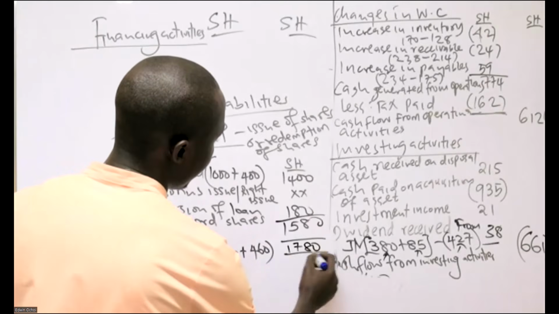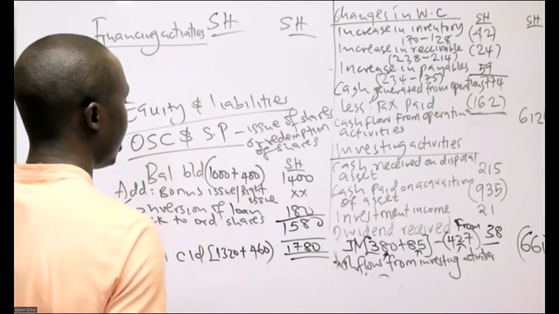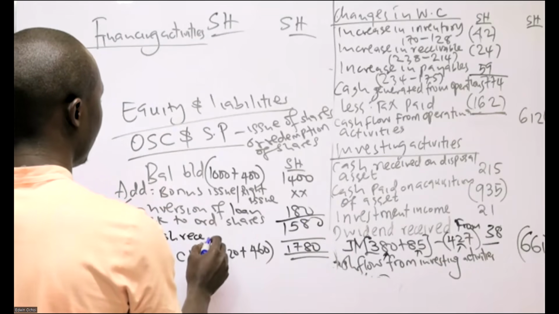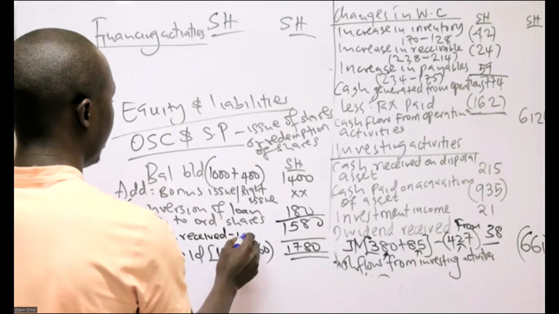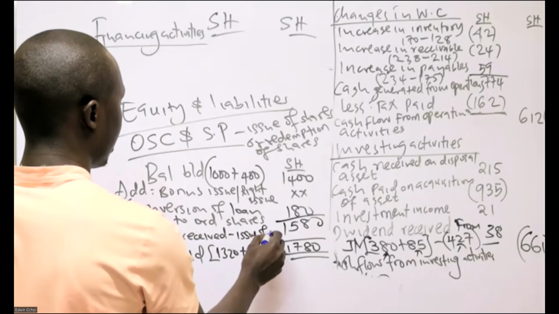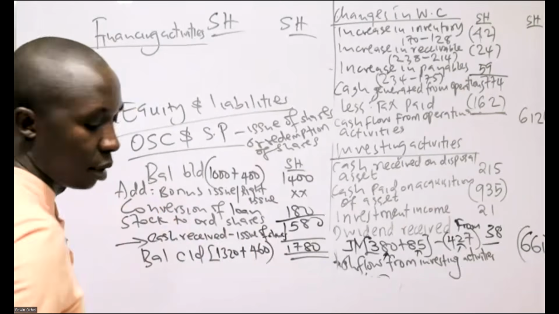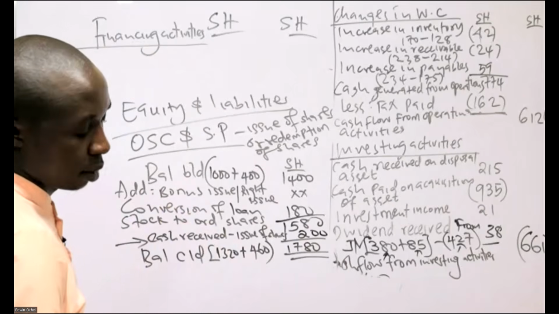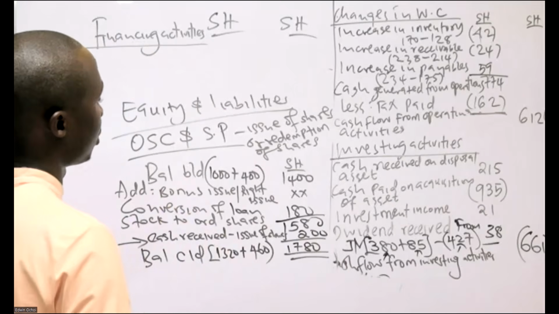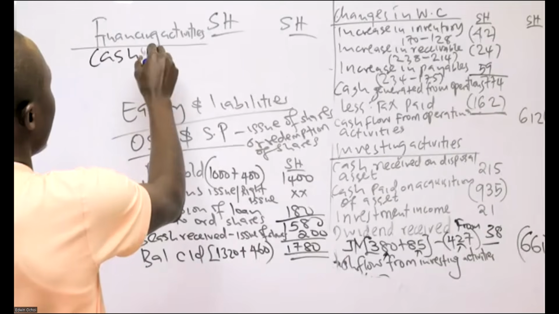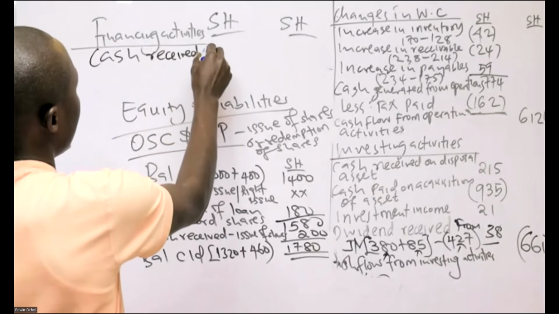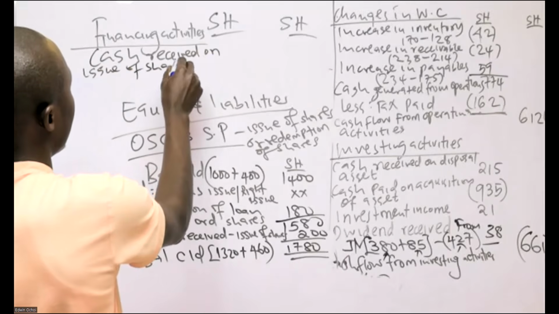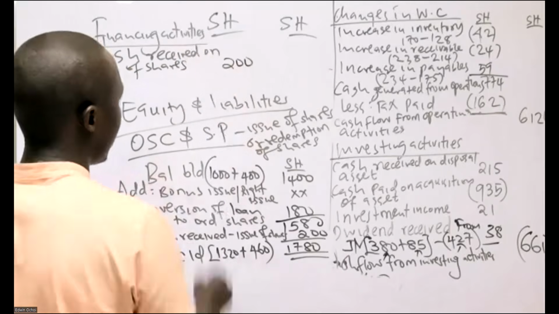So you can see the value increased from 1580 to 1780. So meaning that they received cash on issue of shares. So how much did they receive? 200. So that is good, Daniel. So cash received on issue of shares is 200.